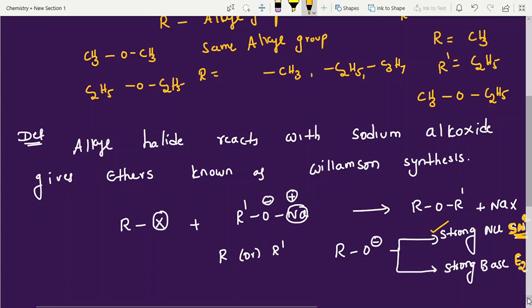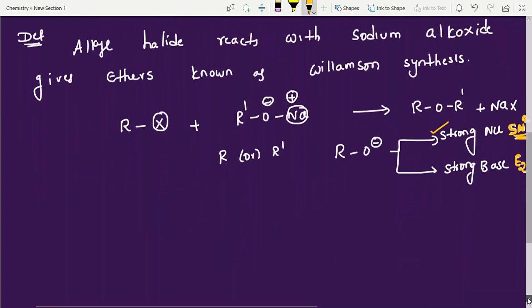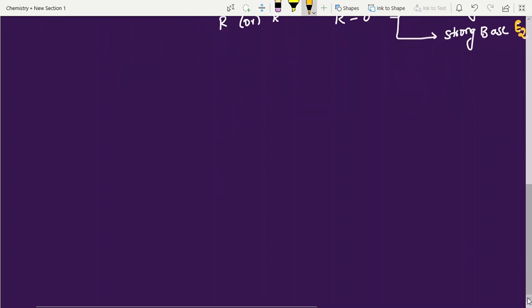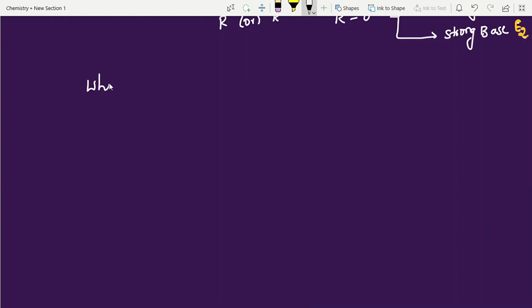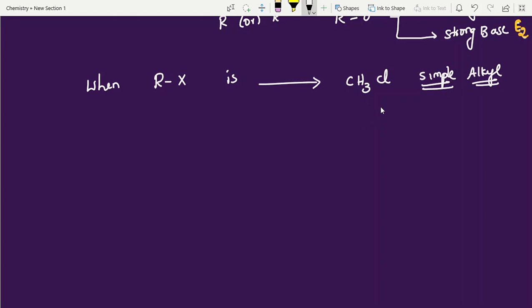Now we will take some examples. Before going to the question, students, I am giving the important concept to you. Definitely it covers all competitive questions. Okay. Now here, when RX is always a simple alkyl halide, CH3Cl, okay, simple alkyl halide, it favors SN2 and we will get ethers, right?